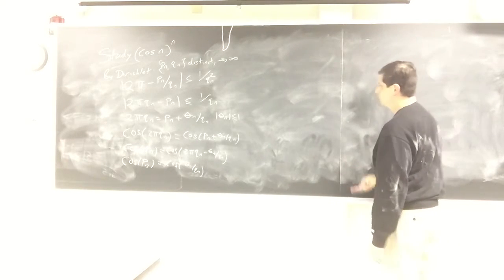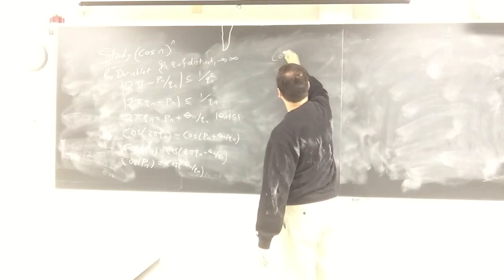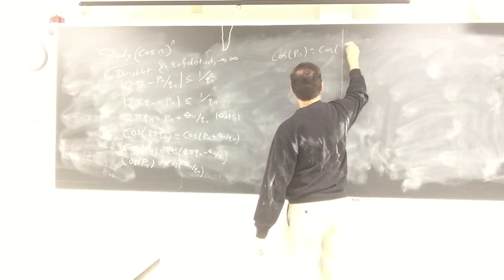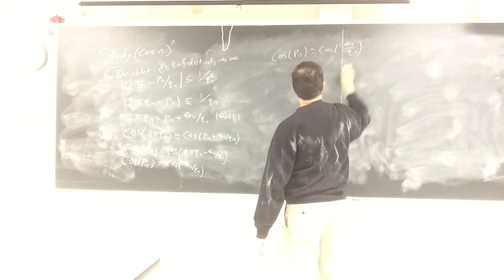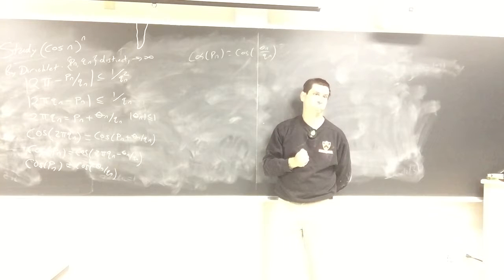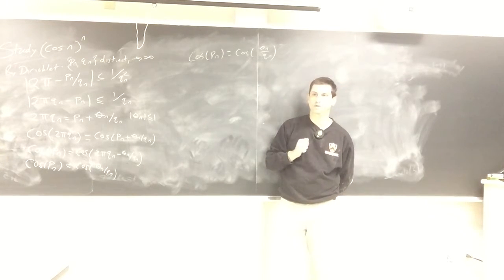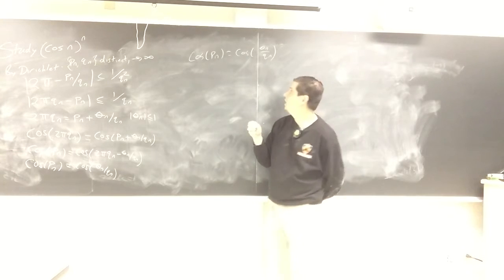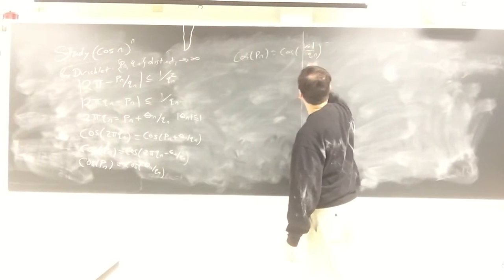Okay. So we now know that the cosine of pn is the cosine of theta n over qn. Well, the best case for us is if theta n is 0. It's not going to happen, but then we would have the cosine of 0, which is 1. Cosine is symmetric, right? So I can actually put in absolute values here.